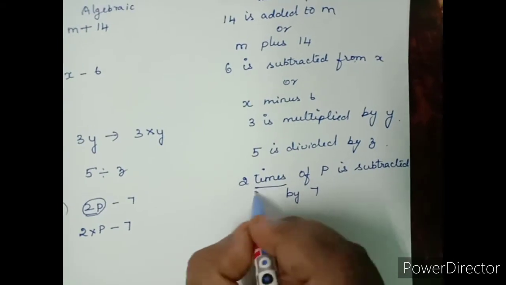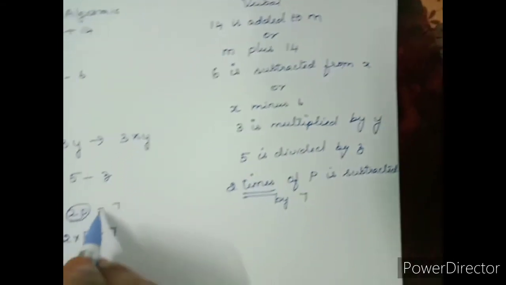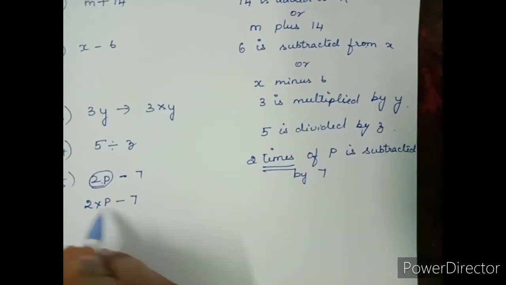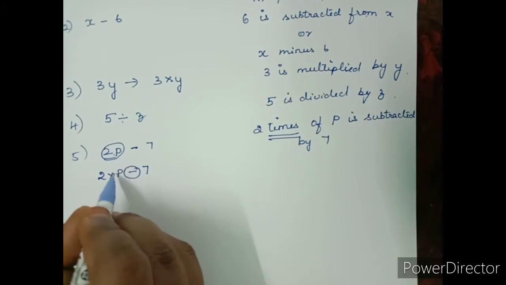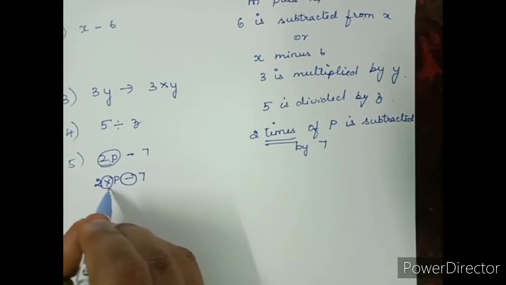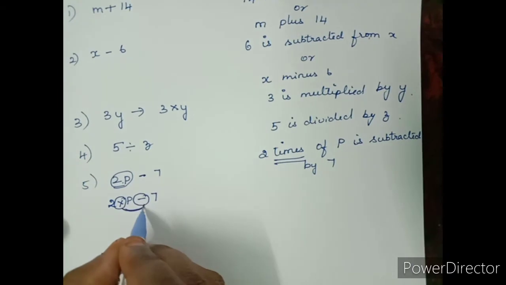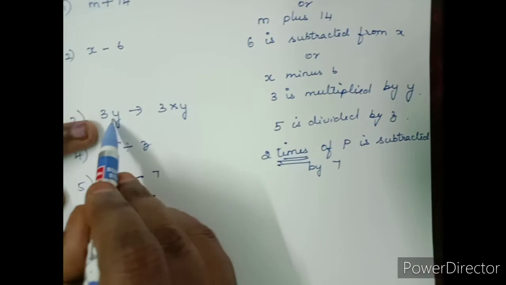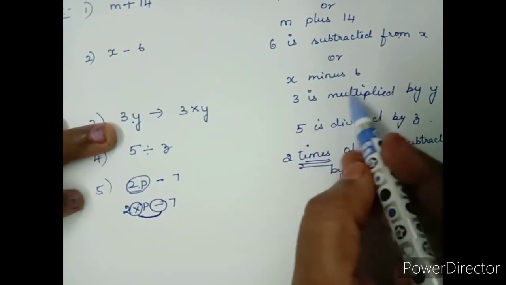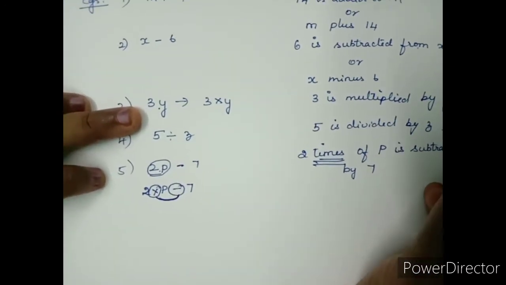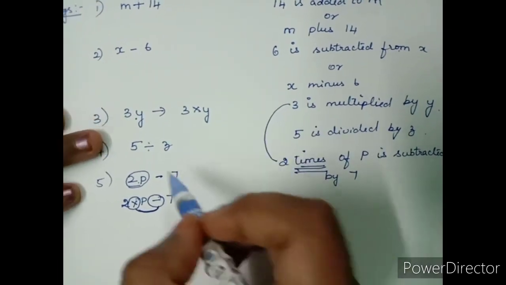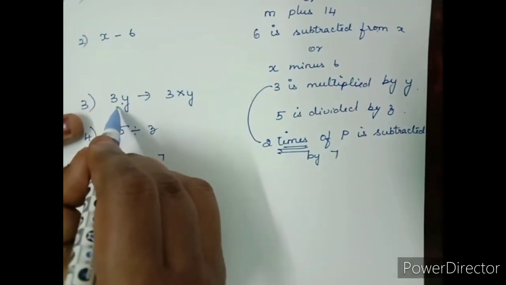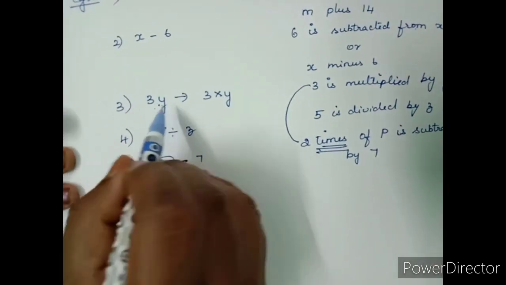So this word times we will be using in case of two operations together. See here, we are having two operations. We have subtraction as well as multiplication. Whenever we get two operations like this, we will be using times. We need not use it here. See, only one operation is here. So we can just write it as 3 is multiplied by y. So this is the major difference between this and this, because we have two types of operation, but here we have only one operation. Okay.